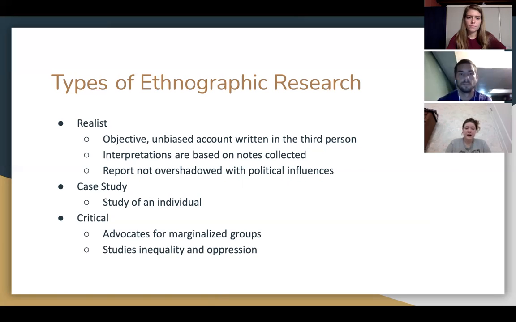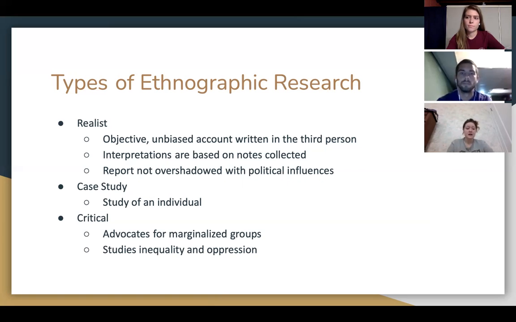The next form of ethnographic research is a case study. This is typically a study of an individual, but can also be a study of a program, event, or an activity involving individuals. It usually searches for shared patterns that develop amongst individuals.